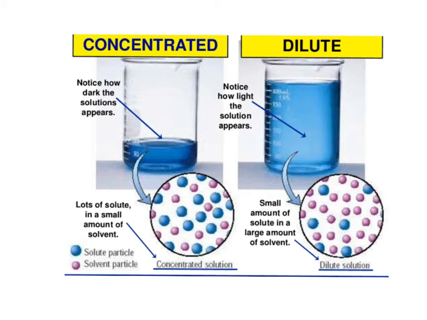And it doesn't really look like it in this picture, but this is a homogeneous mixture. Homogeneous meaning that the particles of solute are evenly distributed. Now, because particles are moving all the time, they're never going to look perfectly mixed, right? And all solutions are homogeneous.